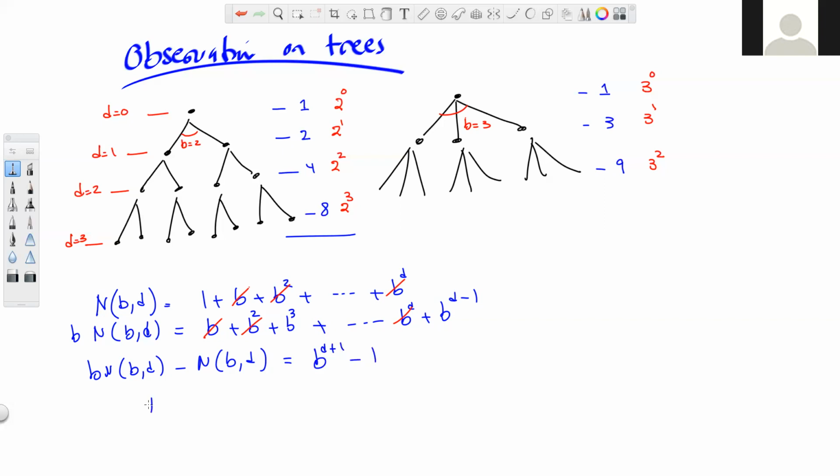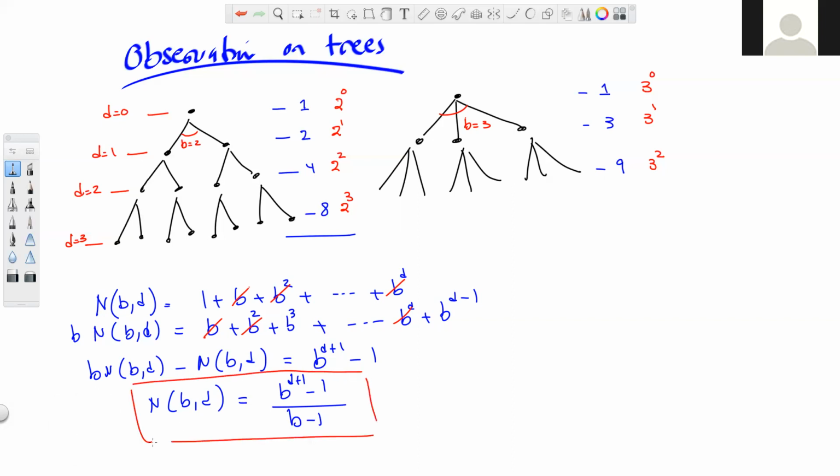If you move things around, you're going to get the following closed form for this guy: b to the d plus 1 minus 1 over b minus 1. This is the formula we're after, but we're actually going to try to simplify it. We're going to say this is roughly the same as b to the d plus 1 over b minus 1. This is basically for large d.